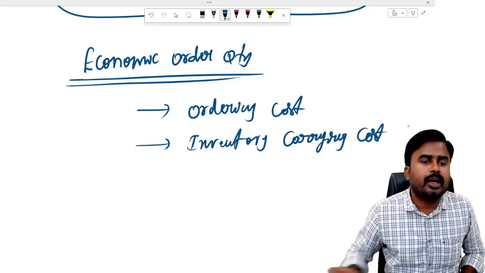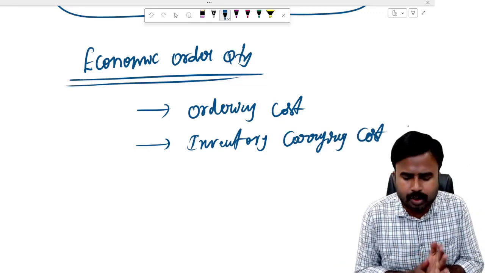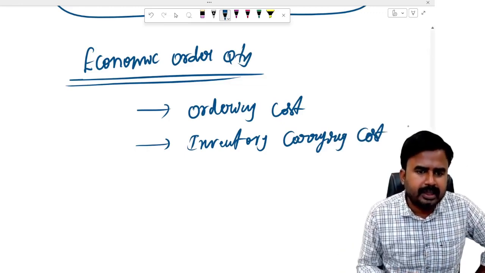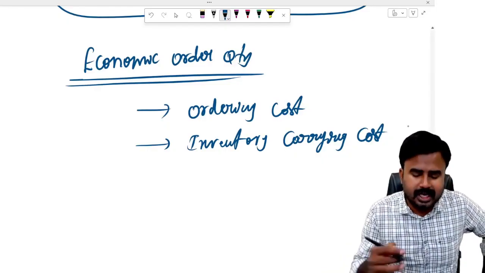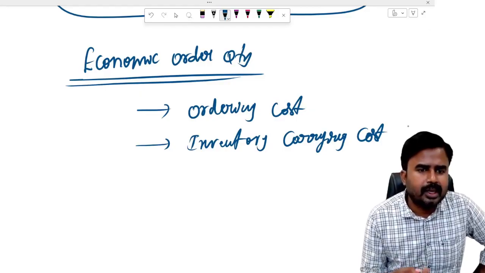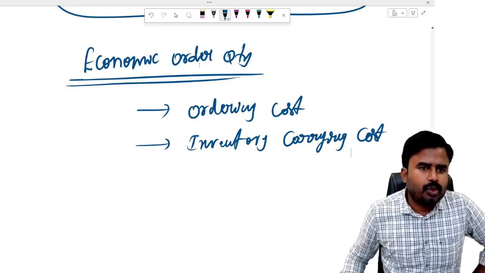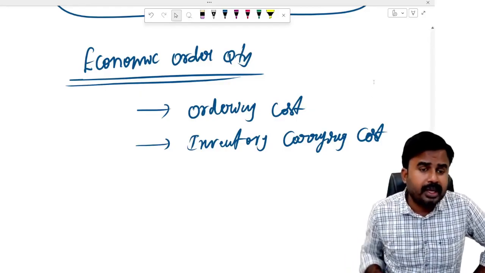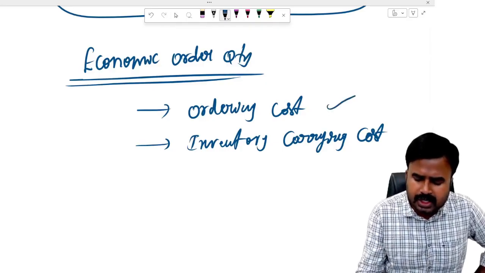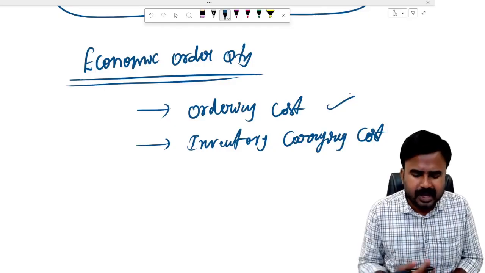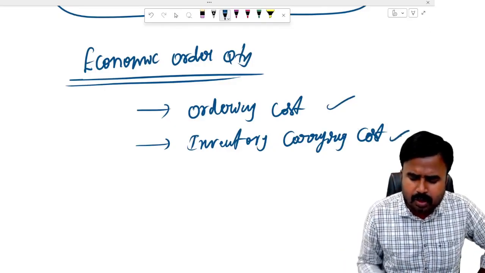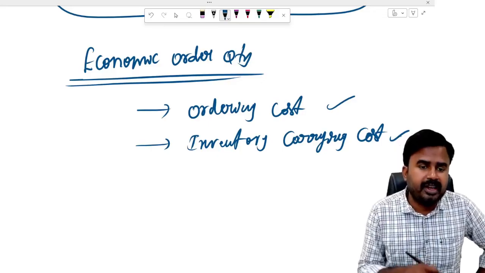Because to place an order, we have to incur some ordering cost, like giving advertisements, accepting tenders, selecting the best quotation, like that. And after that, once we get the raw material, bulk breaking cost, quality control cost, and so many expenses whenever we go for a fresh order. So ordering cost is the cost which is related to placement of orders, whereas inventory carrying cost means the cost which is incurred for carrying our inventory.